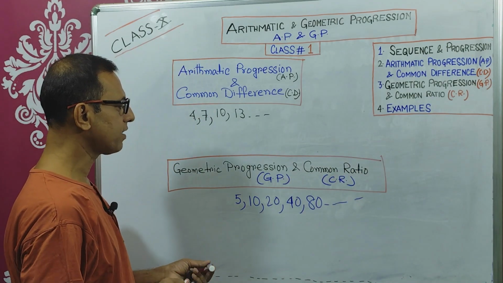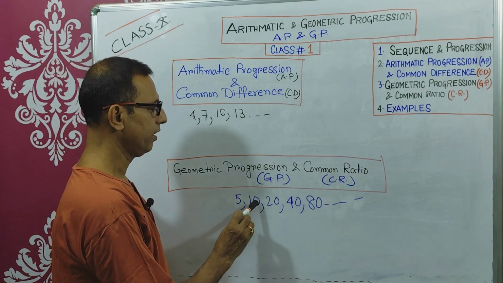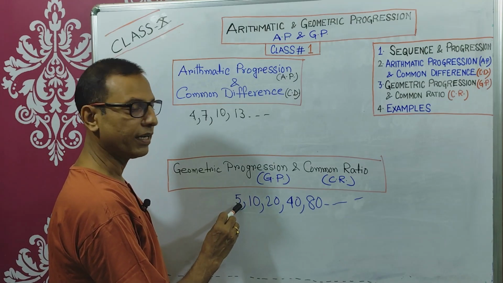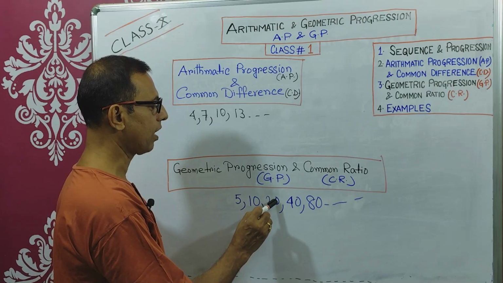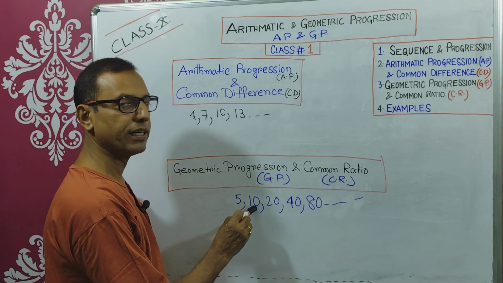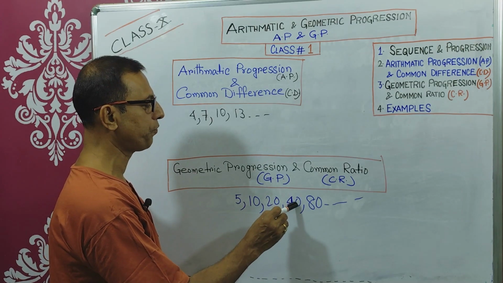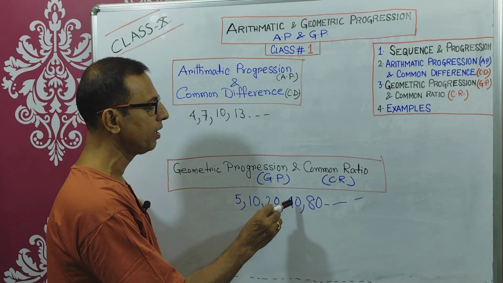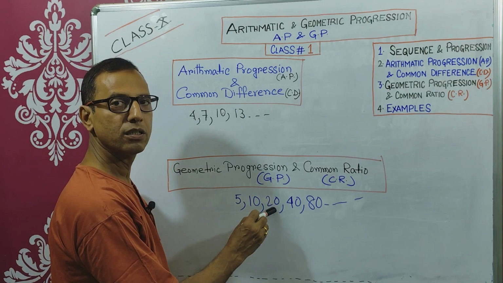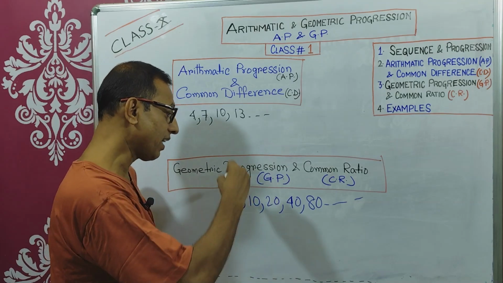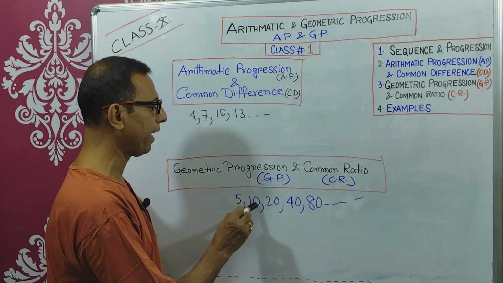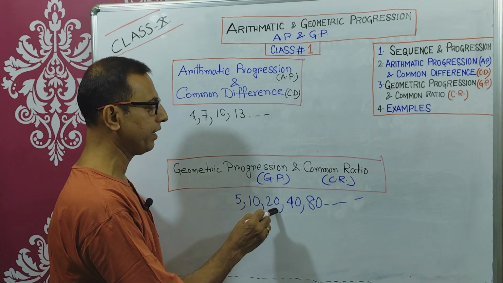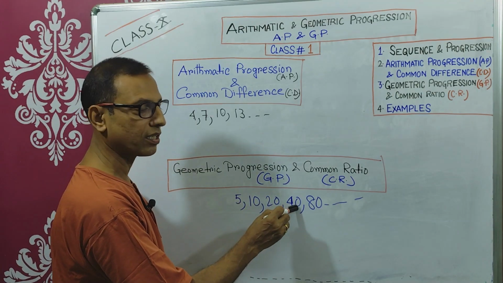What is the ratio between the second and first term? 10 by 5, 2. Between the third and second term? 20 by 10, 2. Between the fourth and third term? 40 by 20, that is 2. If you consider the successor, then 5 by 10 is half, 10 by 20 is half, 20 by 40 is half.